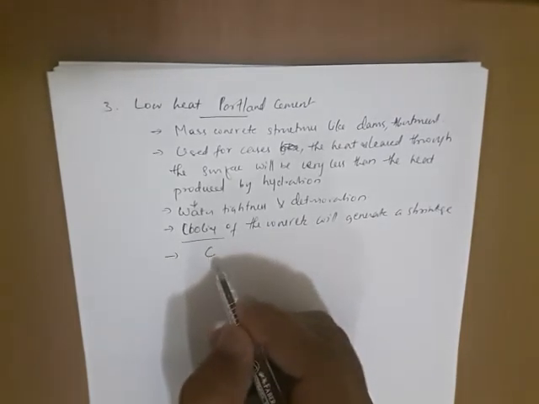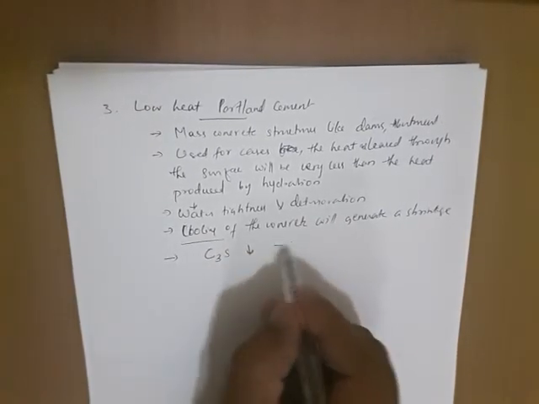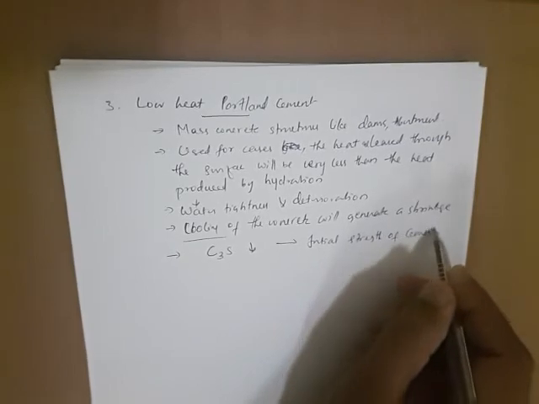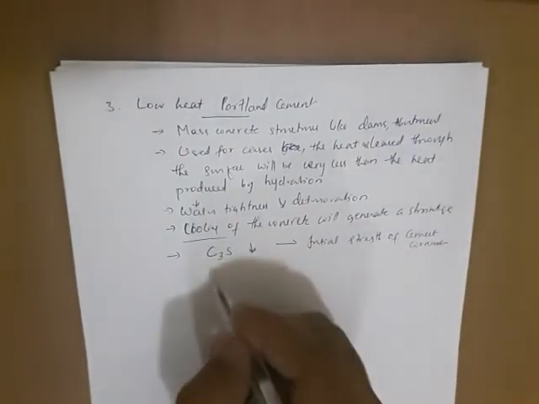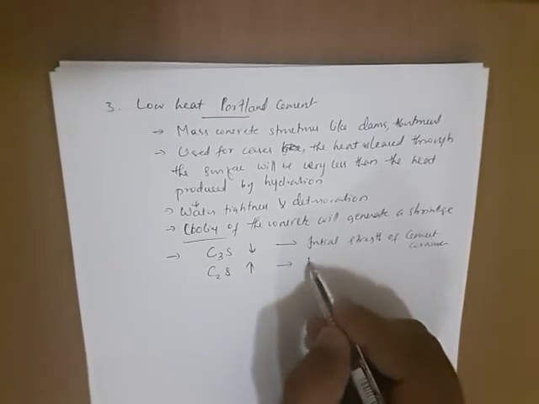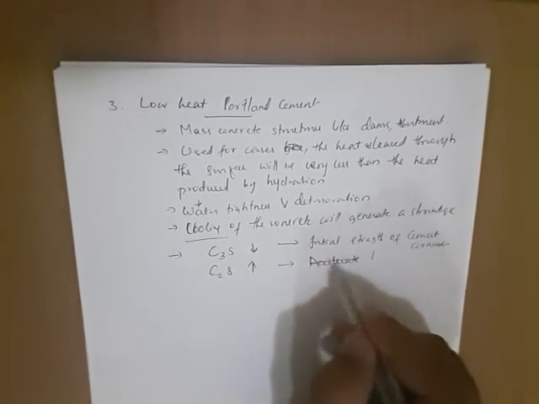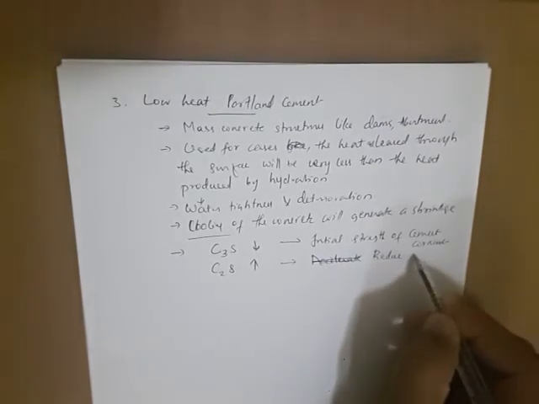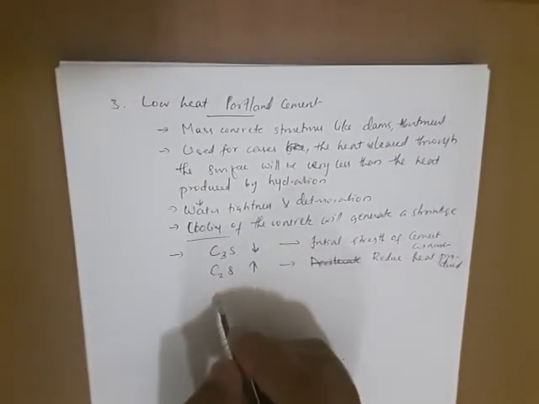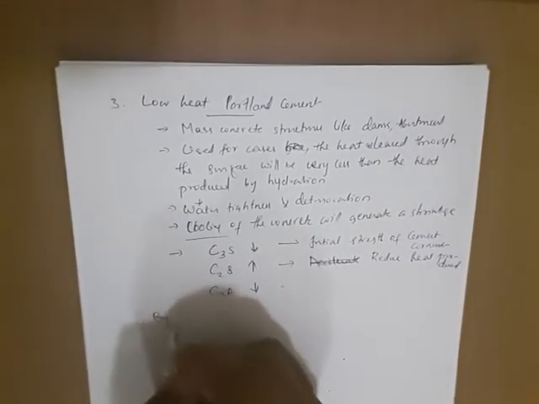The tricalcium silicate used is low, which affects the initial strength of the cement concrete, and we are increasing C2S, which reduces the heat produced. And C3A is also decreased.